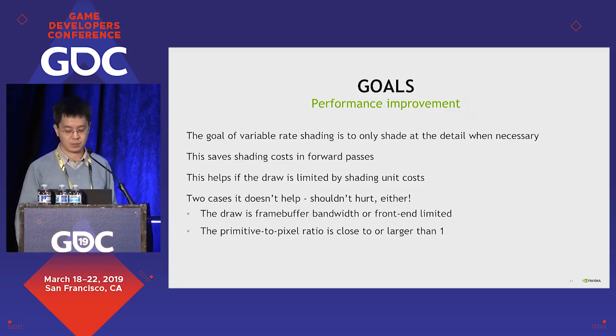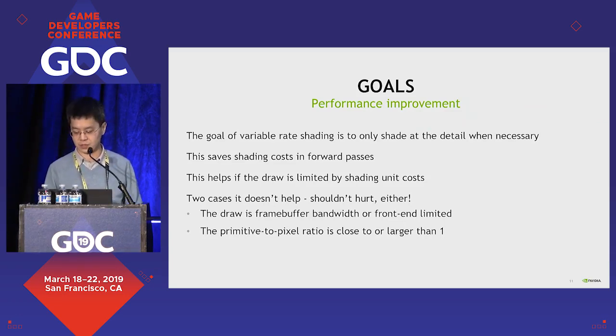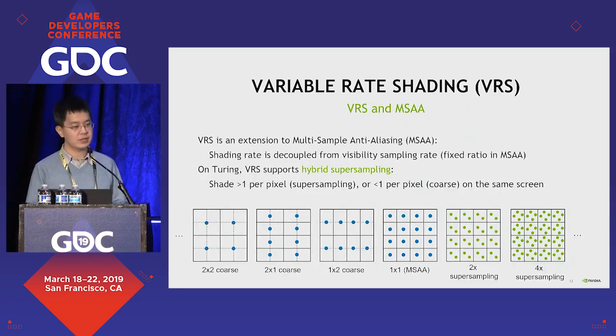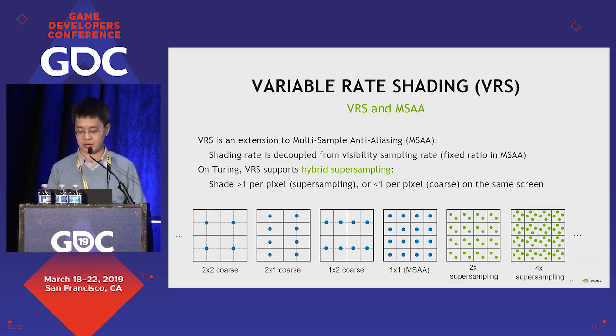It also won't help if the primitive to pixel ratio is close to or bigger than 1, like when you have over-tessellated geometry. But it shouldn't hurt in that case either. And you might have noticed already that VRS, or variable rate shading, bears much similarity to MSAA, which offers a fixed ratio between the shading rate and the visibility sampling rate once a render target is chosen.